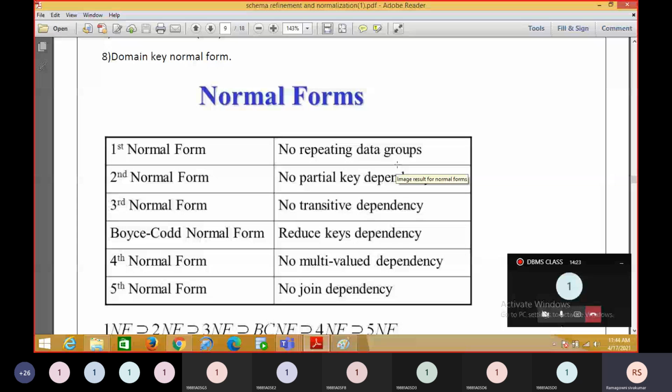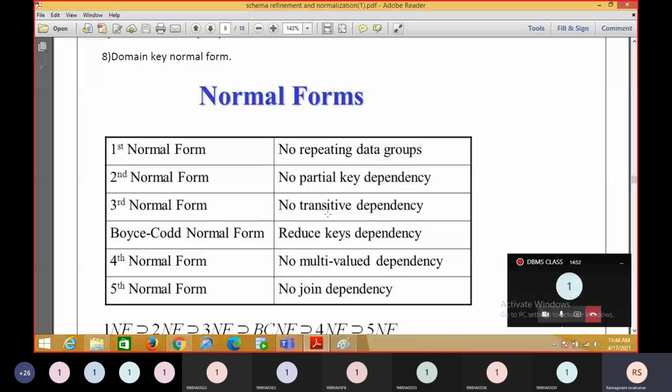Student ID 1, course name Java. Student ID 1, course name C. Student ID 1, course name C++. In that way one column has only a single value. You should not store multiple values. So that's about the first normal form.